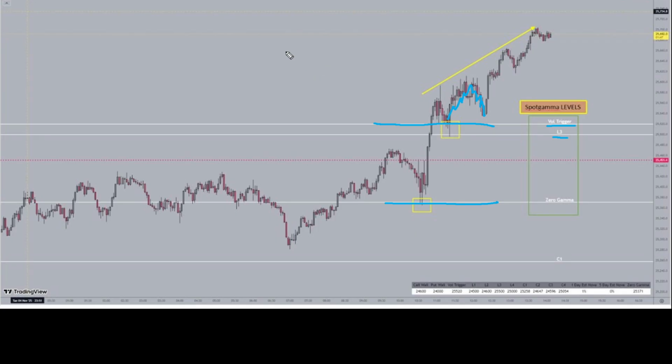For that reason, the volatility decreases here. But when price is below the volatility trigger or zero gamma, the peaks become higher. Okay, continue with another example.